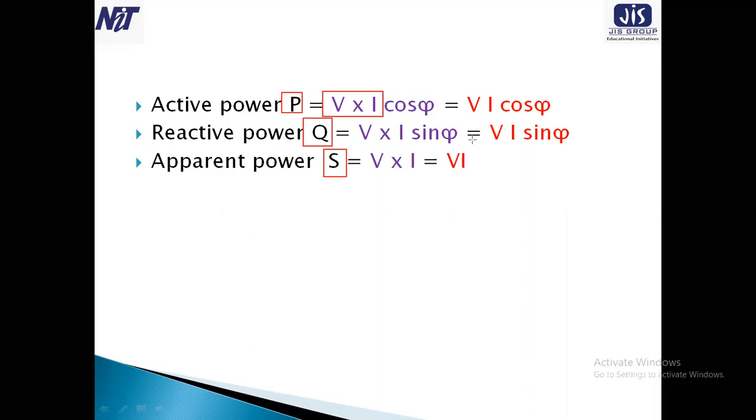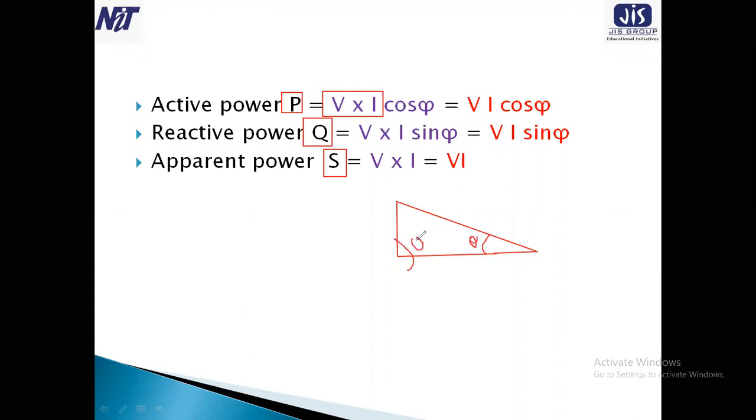So why and how is this happening? Look, if we draw a triangle, suppose this is the triangle, and this is the angle phi.